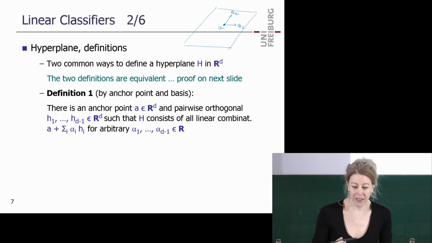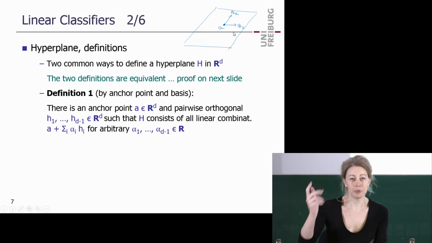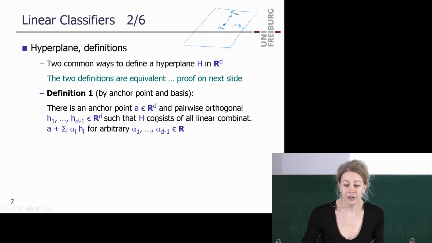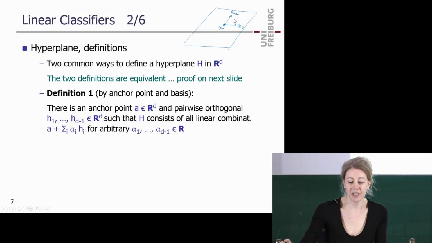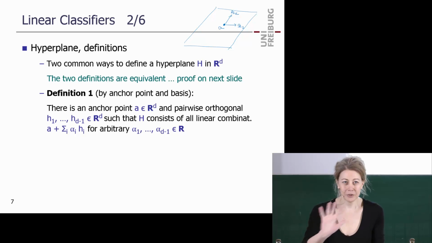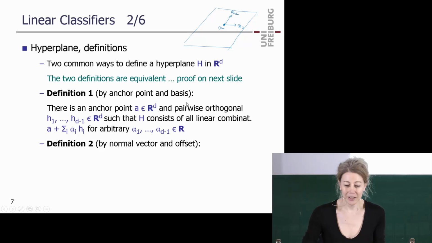So it's an anchor point A and the basis, which is, of course, if it's in 3D, the basis of my plane has 2 dimensions, right? And then my hyperplane is just defined by all the points A plus any linear combination of these two, right? With a linear combination of vectors from a basis, I get everything in the span. I think this should at least ring a bell. You should have heard this somewhere at some point.